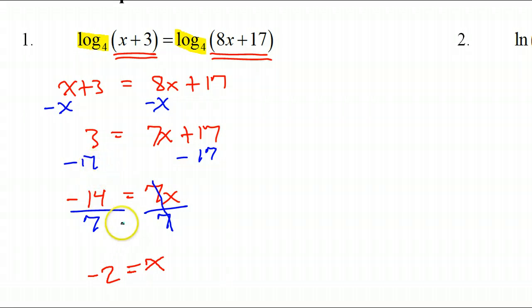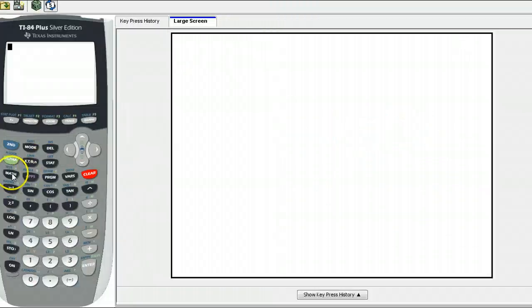Now, for the record, you can't have the log of a negative number. For example, log base 4 of, let me make something that would make sense, negative 16. Watch what happens if we put this in our calculator.